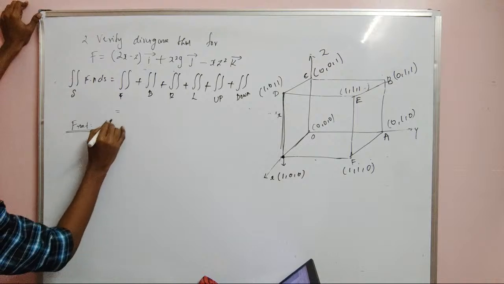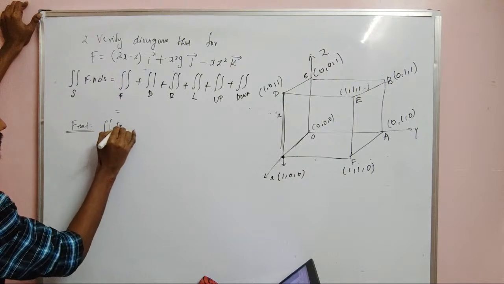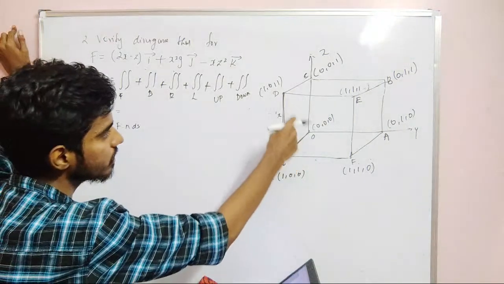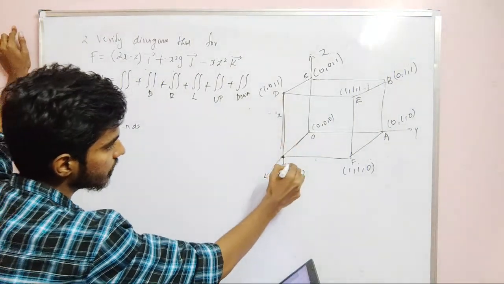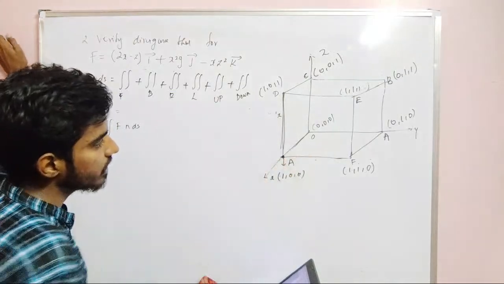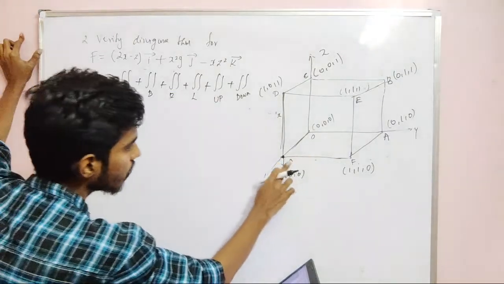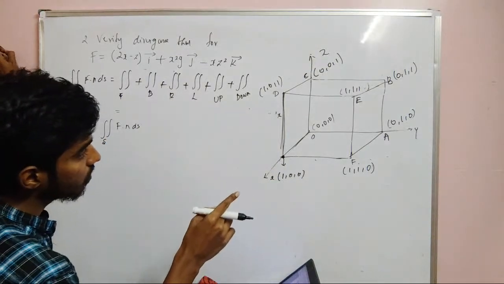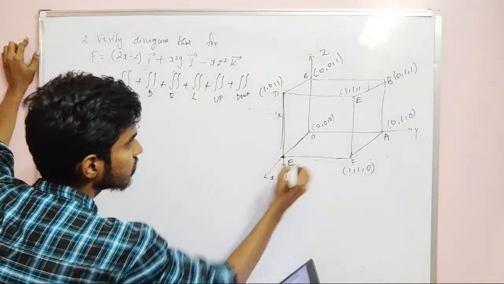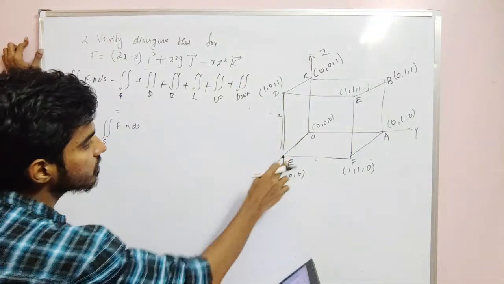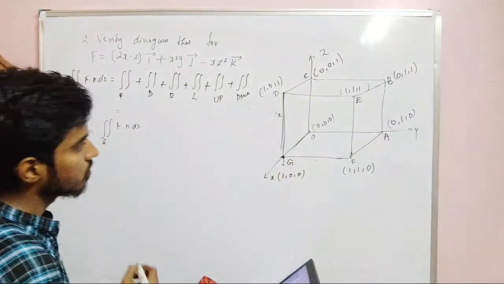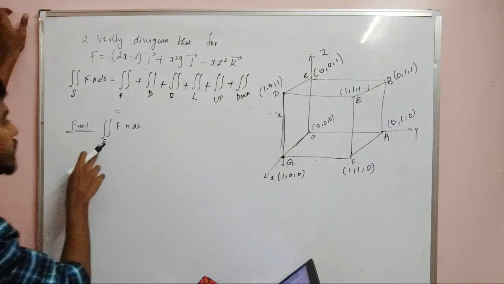That means the double integral over S of F dot n dS. So you just mark down the S, right? Front is this, this is our A, so A D E F. Sorry, what point is this? This point is E, right? A B C D, sorry, this point is G. Okay, so we can make the face here.